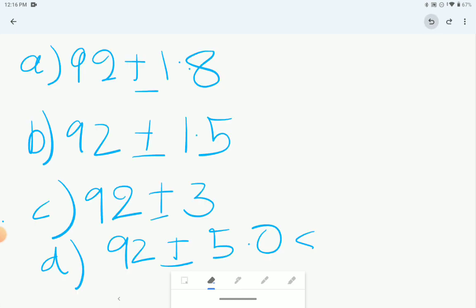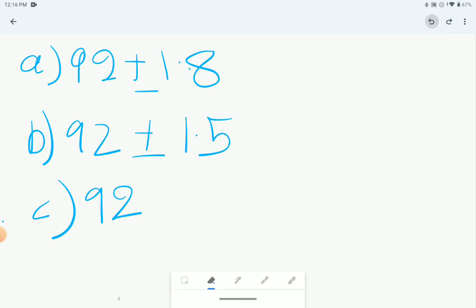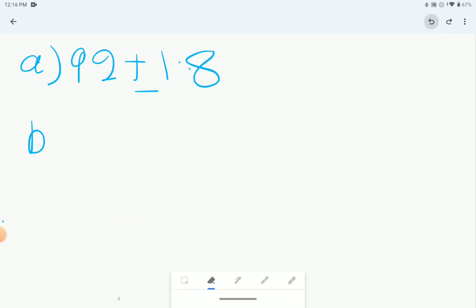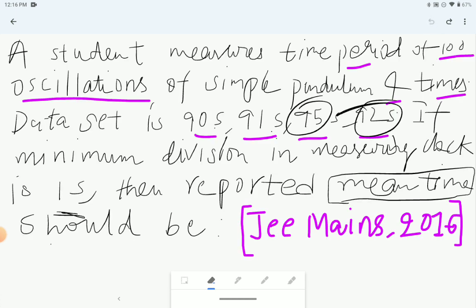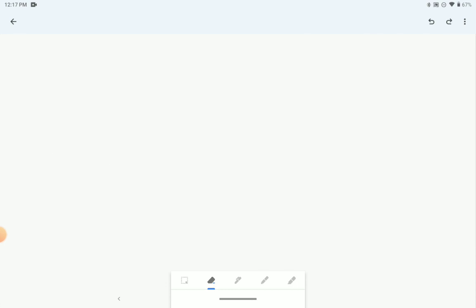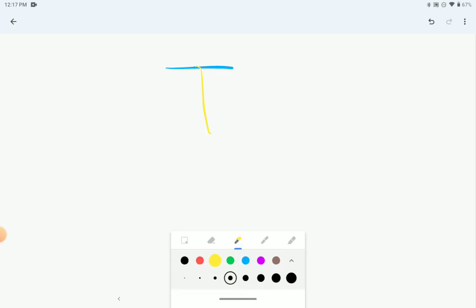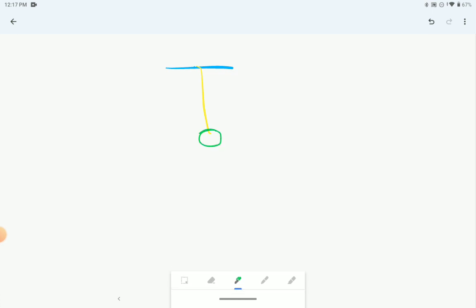If you see the question, it was given that a student measures the time period of 100 oscillations of a simple pendulum 4 times. That means let's take a simple pendulum. This is a simple pendulum, right?